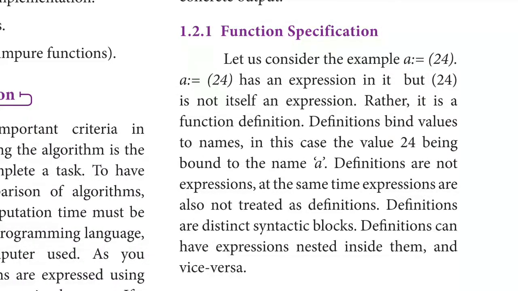Let us consider an example. A is equal to 24 has an expression in it, but 24 isn't an expression; rather it is a definition, which binds a value to the name. In case the value 24 has been bound to the name A, the definition is not an expression.